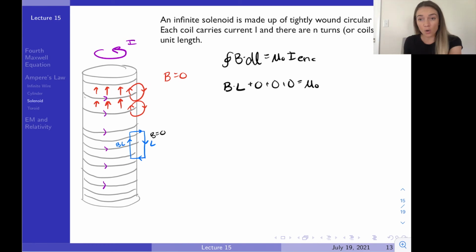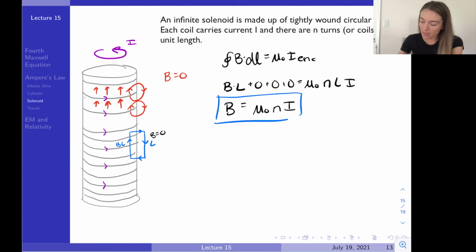So to find the total enclosed current in this section, we just have to do the number of turns per unit length times the length, and then each one has current I, and that will give us the total enclosed current in this portion. Okay, and then we just solve for B. So just divide by L, and we get mu naught n I, and that's it.